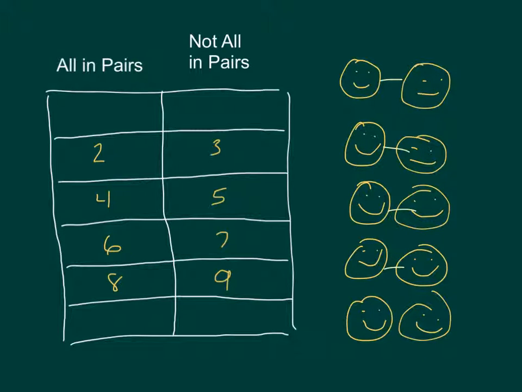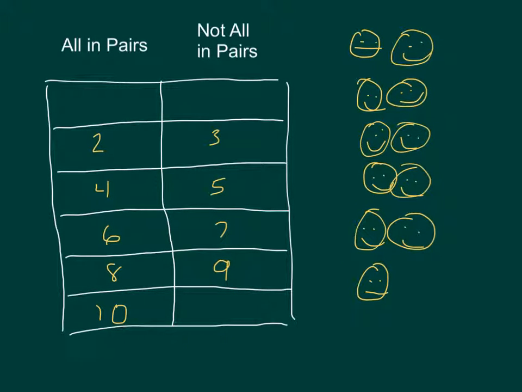Yes, I see 5 pairs. What about the number 11? The number 11 is not all in pairs. I see 5 pairs, but one is left alone. So the number 11 is not all in pairs.